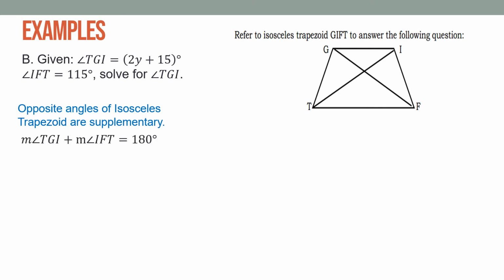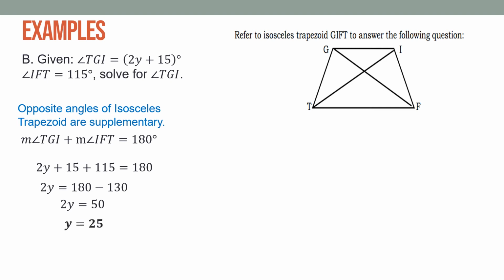So the measure of angle TGI plus the measure of angle IFT equals 180 degrees. So 2y + 15 + 115 equals 180. 2y equals 180 minus 130, so 2y equals 50. Divide both sides of the equation by 2.